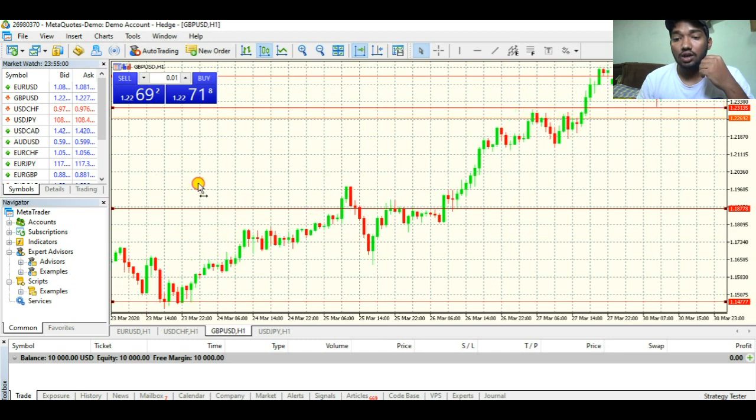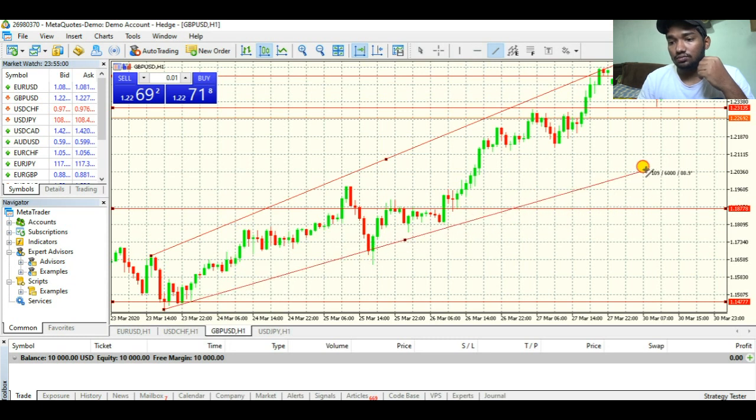And you might be thinking how to trade when it's going up and going like this, for example. You can take a line like this. You can actually see, this is the line where you can draw, like at least it touched 2 times, right? Here and here. Let's draw one more from low to here.